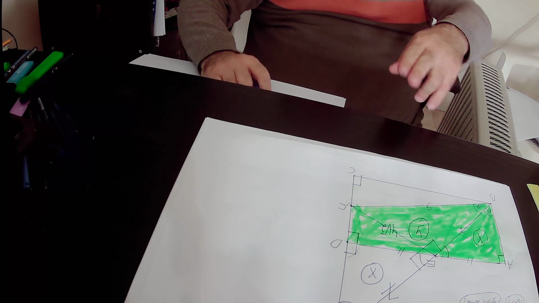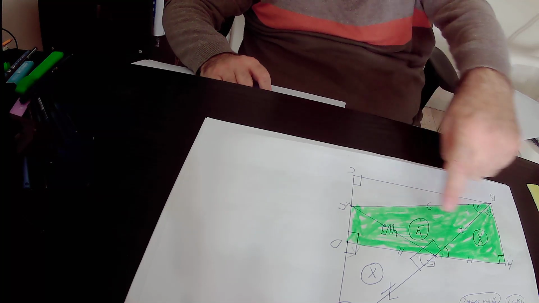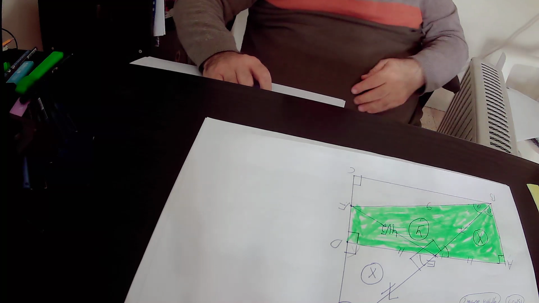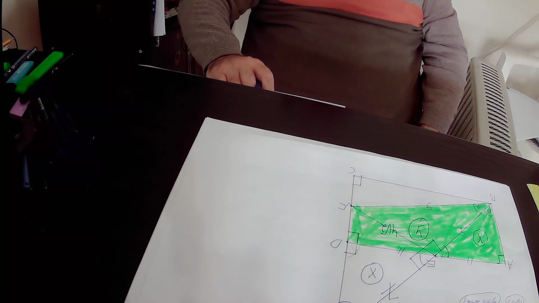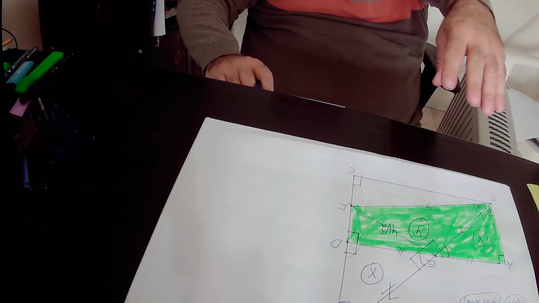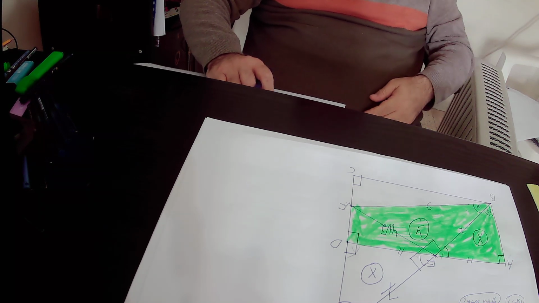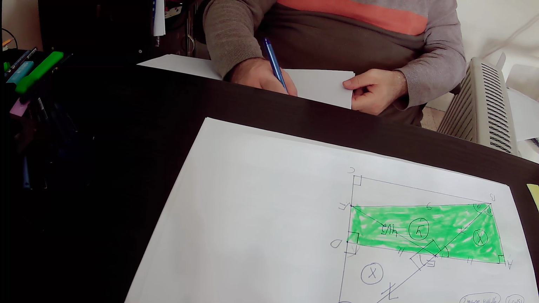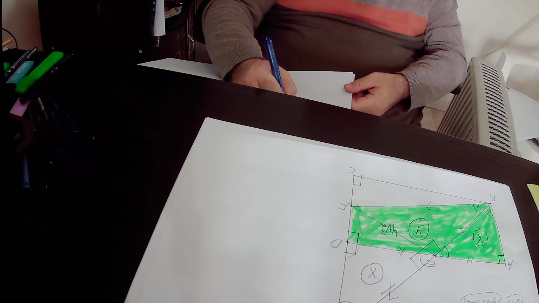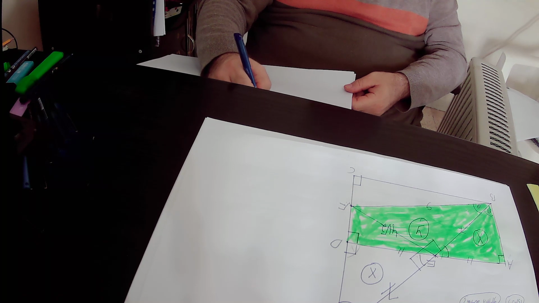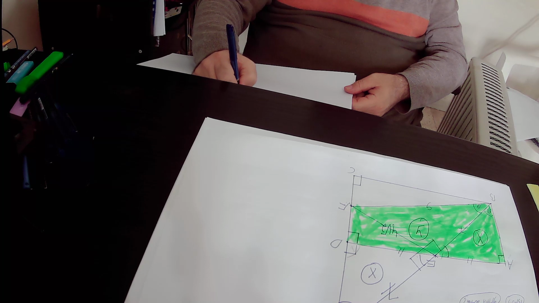So actually EF is the height to the base BP, so we can easily find out the area of triangle BPF. The area of any triangle, and especially triangle BPF, is equal to the base times the height to the base over 2.